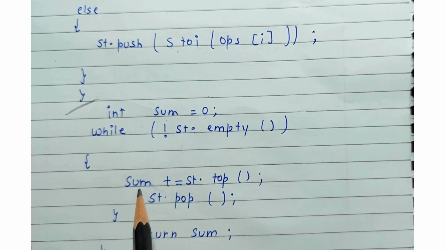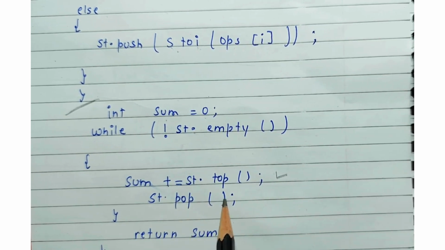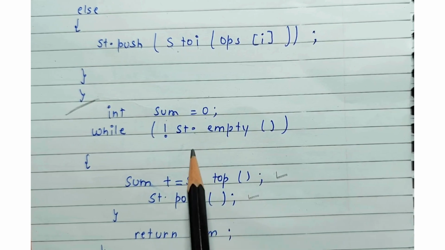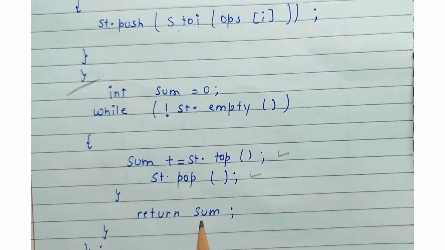Then we do the addition of stack elements. So I write here sum is equal to sum plus stack top, and after doing the addition we have to pop the top element of the stack. So after completing this while loop we have to return this sum value.